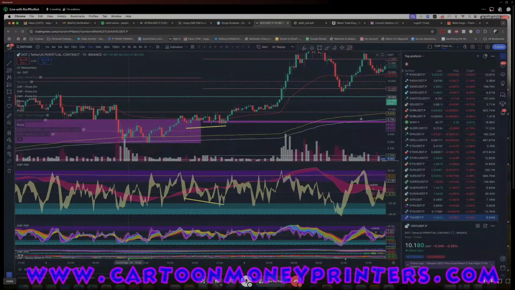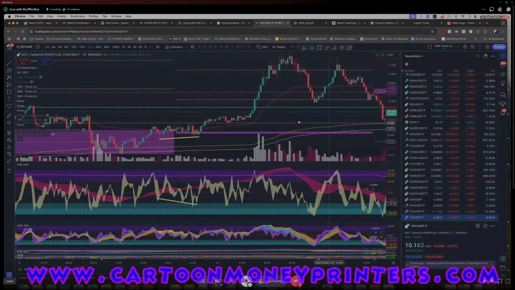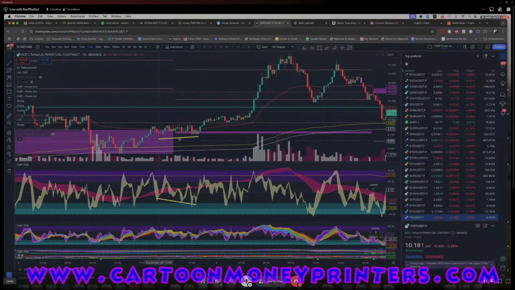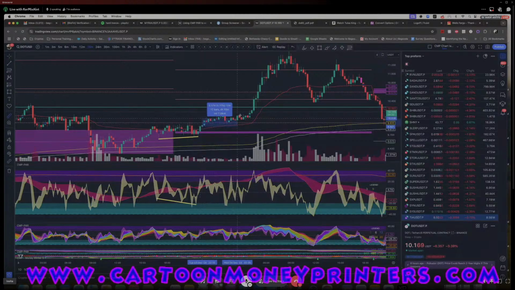So with DOT, I just want to see what that gave you. Get the ruler, and let's say we took this three inside up, and we got the top of the candle. Typically people would think buying the top of the candle is not good at all, but in this case it was just amazing, and you got a 16% move on that.